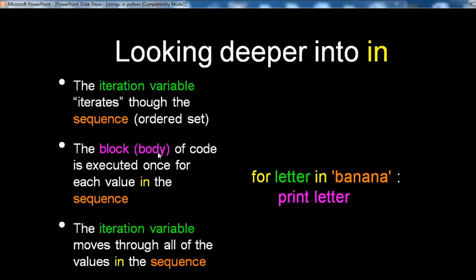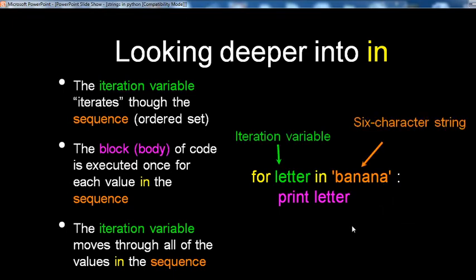The block or body of code is executed once for each value in the sequence. That means the iteration variable moves through all of the values in the sequence. For letter in banana, print letter. How many times it prints depends on the sequence.